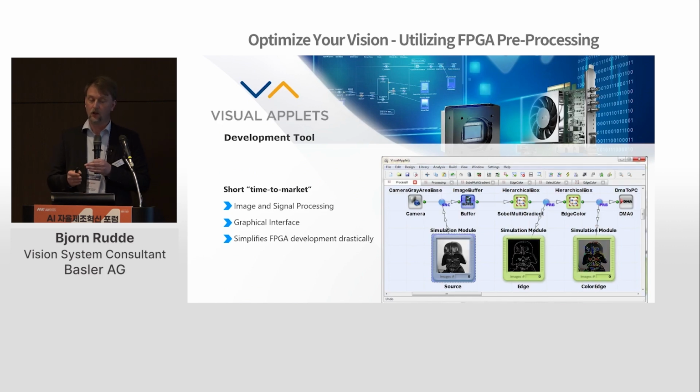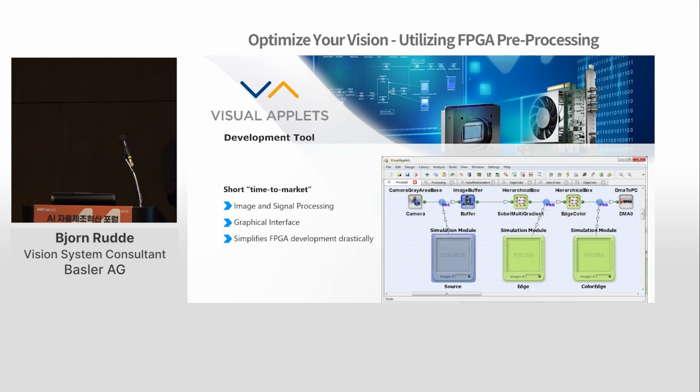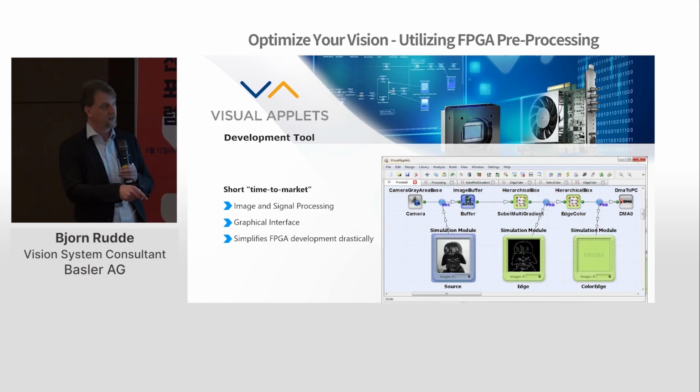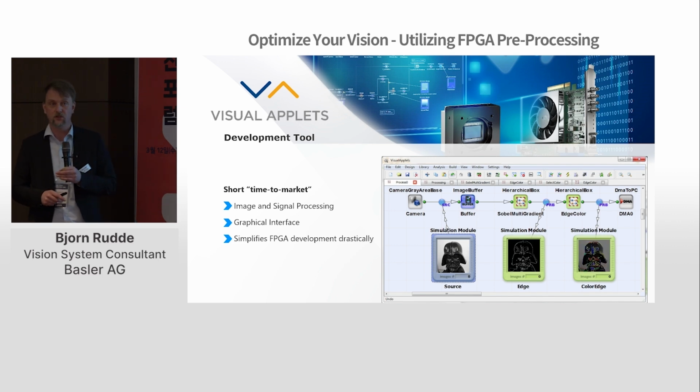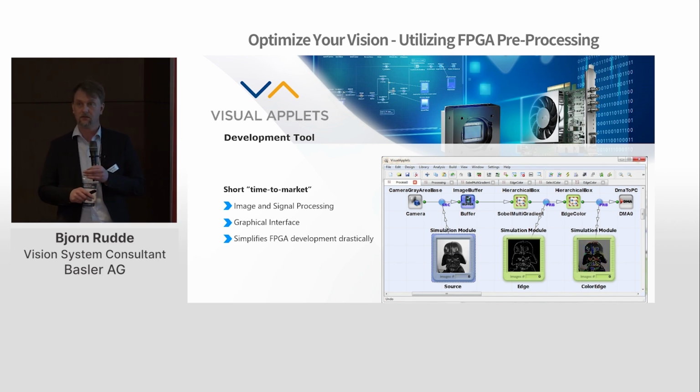While it's a graphical language in order to process the FPGA, it's very easy to use. So as you can see here, you can use a simulation mode driven by a CPU to see what the FPGA bit by bit would produce as a result based on the data coming into the system.